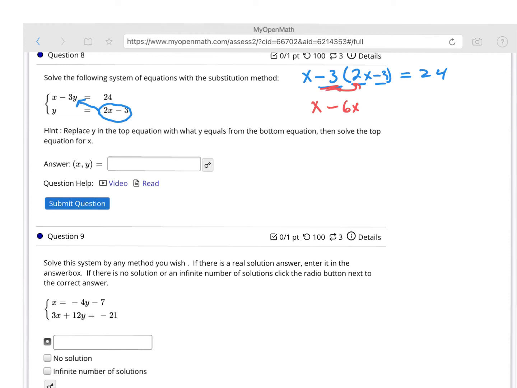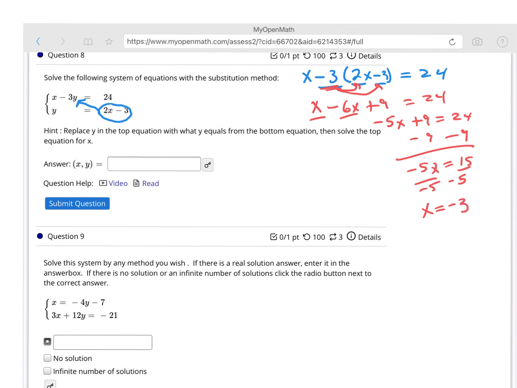And I have a -3 times a -3, which will give me plus 9, is equal to 24. So now I need to combine my like terms. x and -6x gives me -5x plus 9 equals 24. So if I subtract 9, I get -5x is equal to 15, divide by -5, and I get that x is equal to -3.